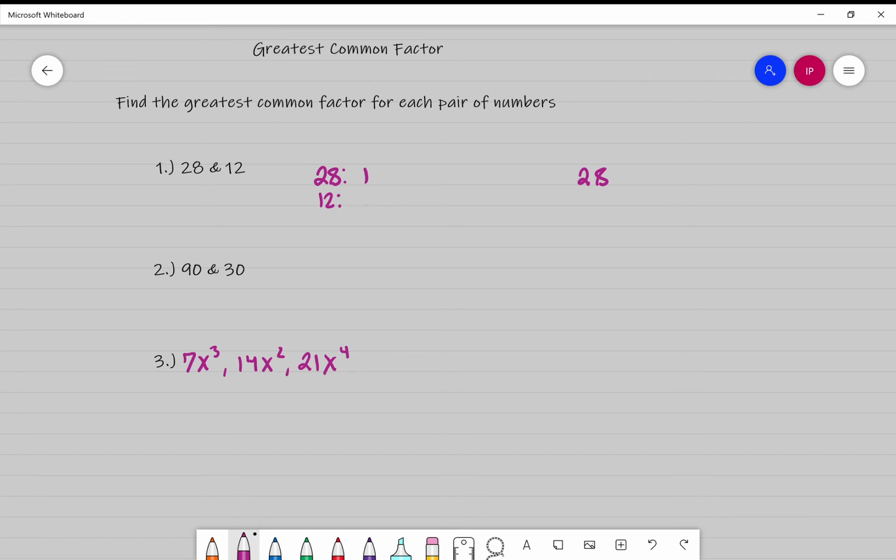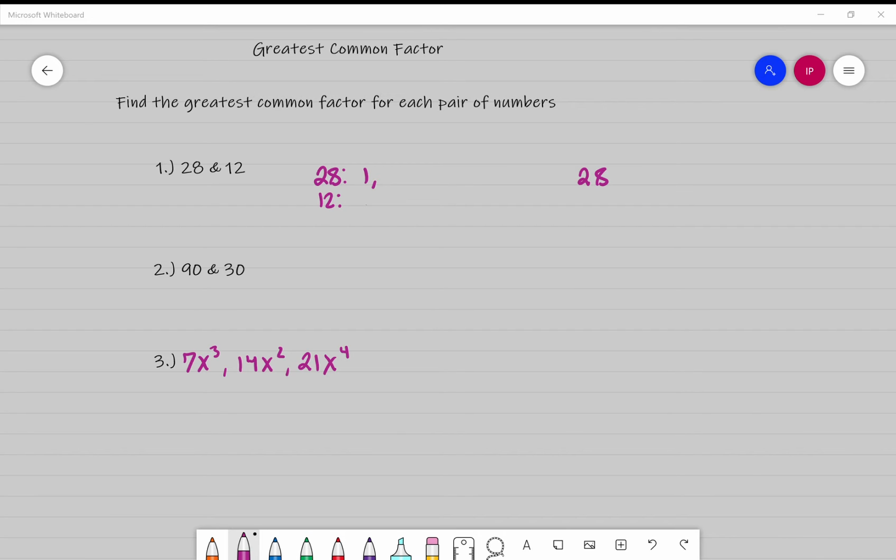We already have 1, so we move up the number line and start with 2. First we have to see if 2 goes into 28. You should know that 2 goes into any even number, and 28 is obviously an even number, so we know 2 should go into 28.